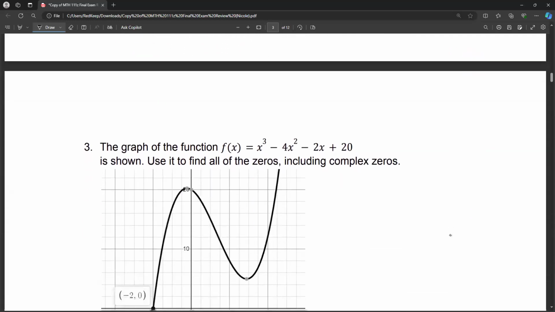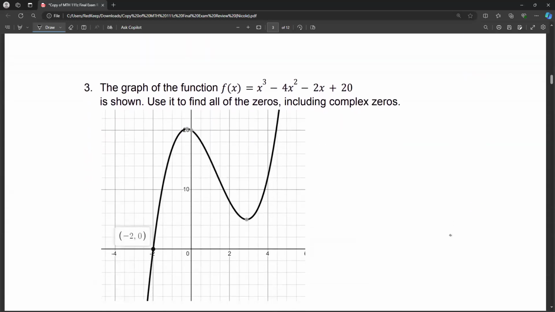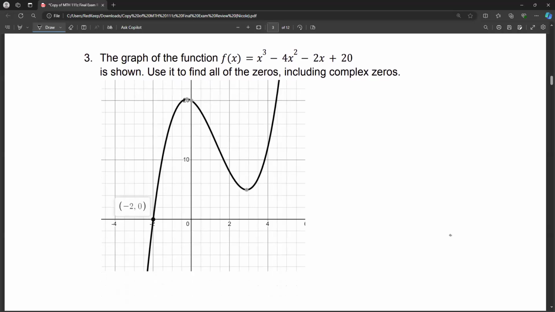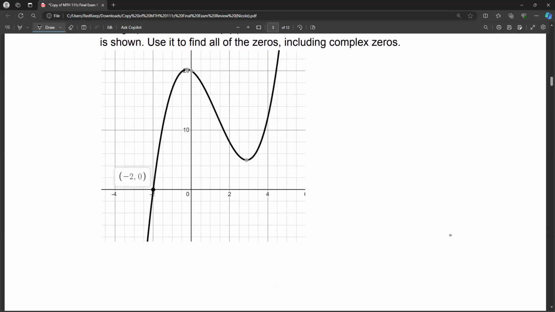Right, moving on to question 3. They give us a function f shown below, and we're asked to use it to find all the zeros, including the complex zeros. Right away, they actually give us a zero by observing the graph itself.